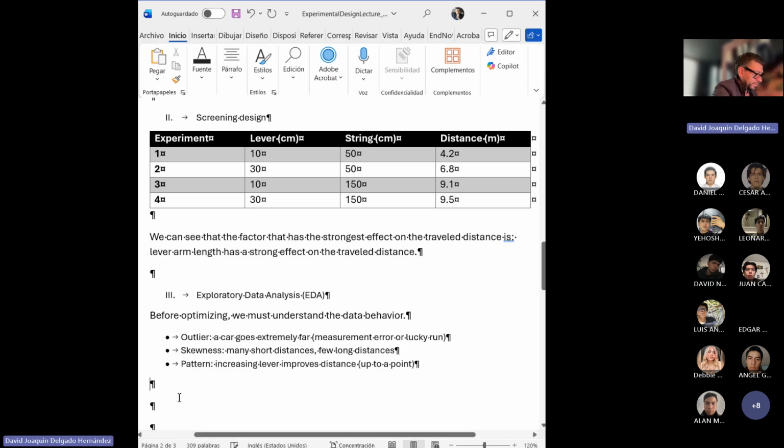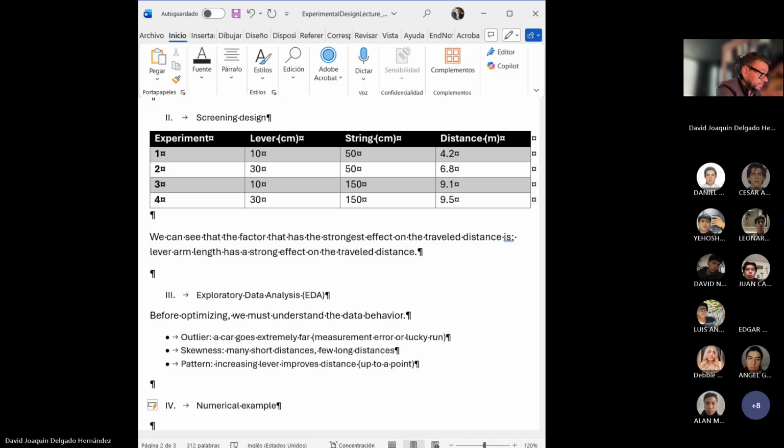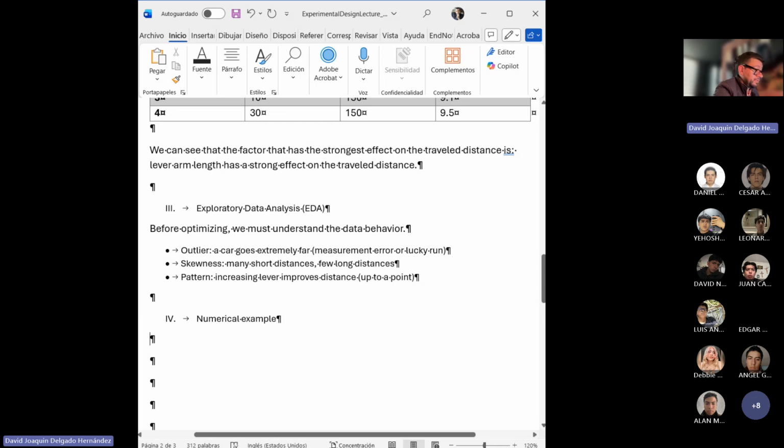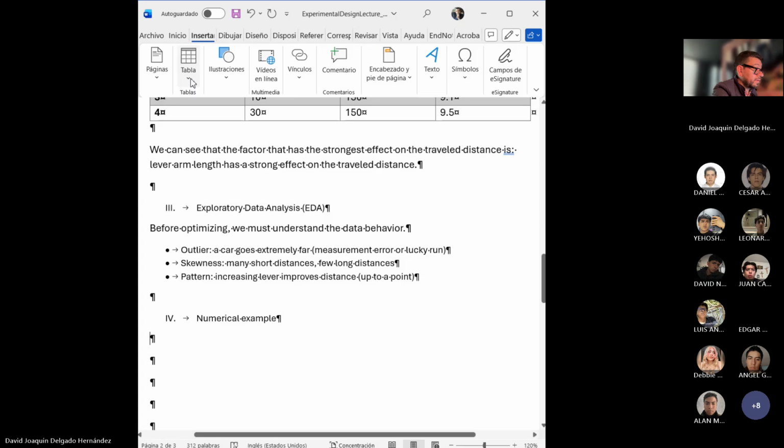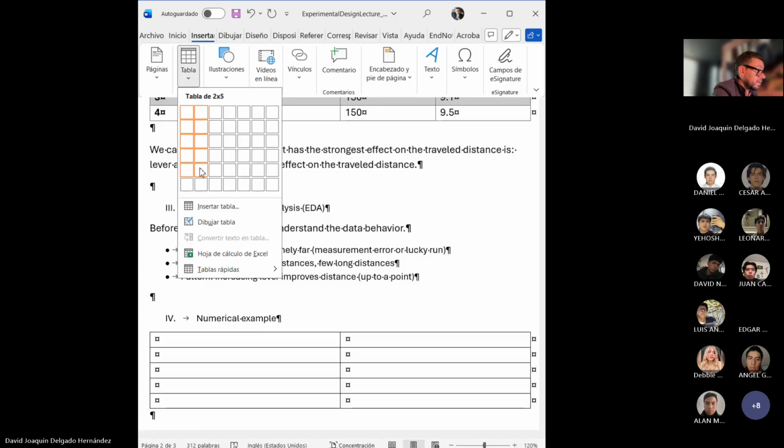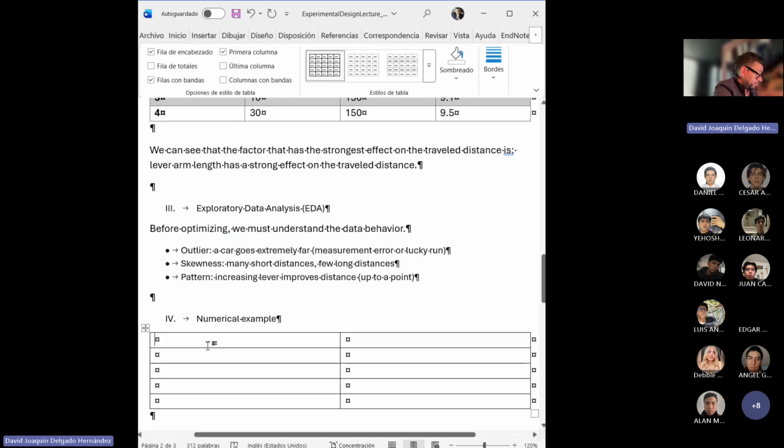So let us see a numerical example here, in number 4, to illustrate these concepts. Numerical example. Okay, I am going to put here a table as well. I am going to put here the lever just to isolate this variable, just the lever, okay?